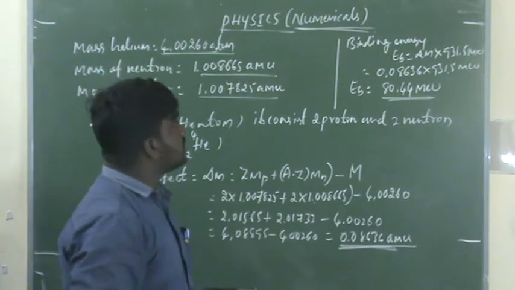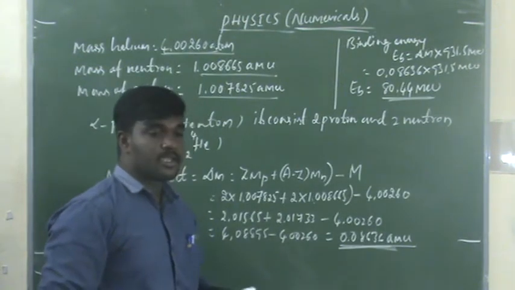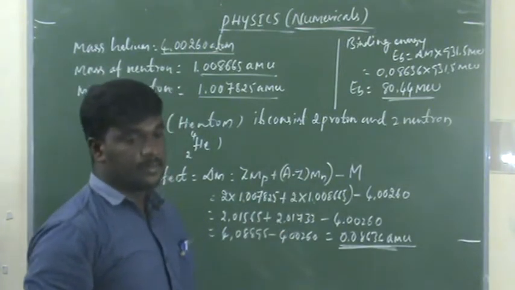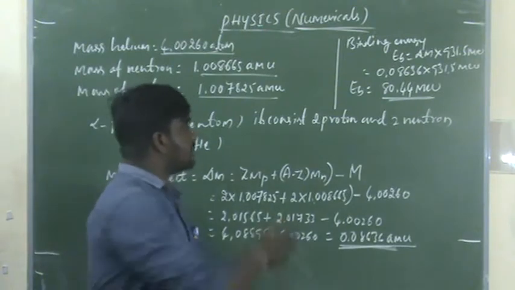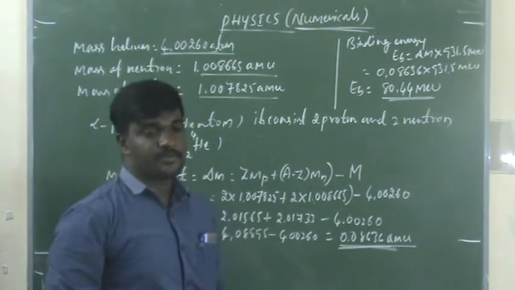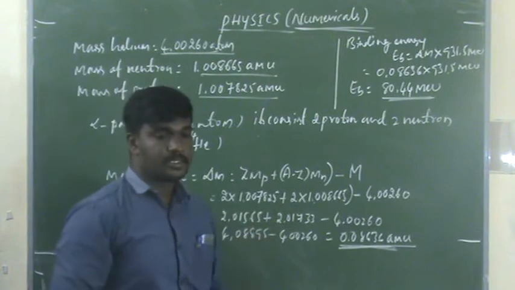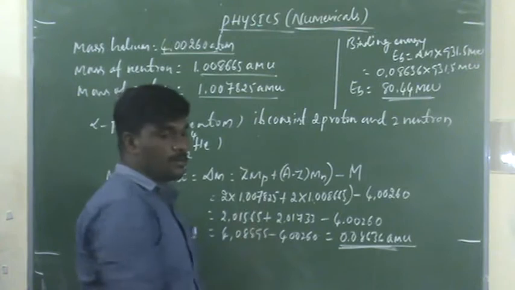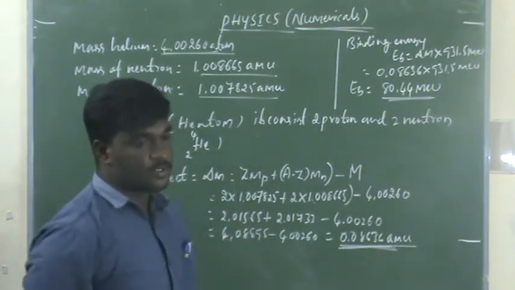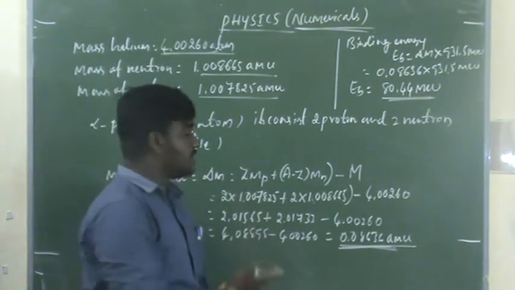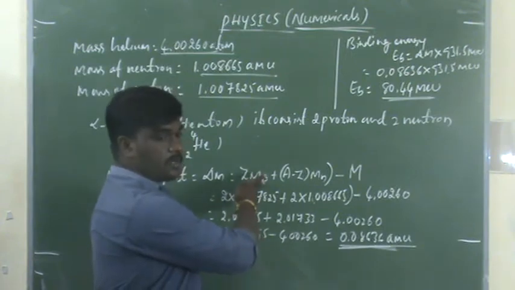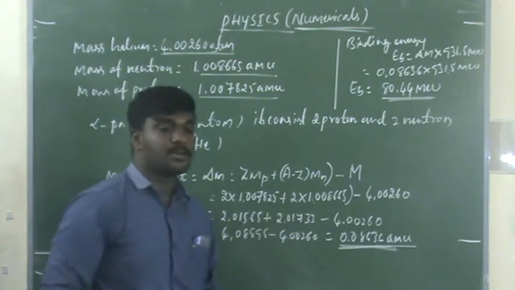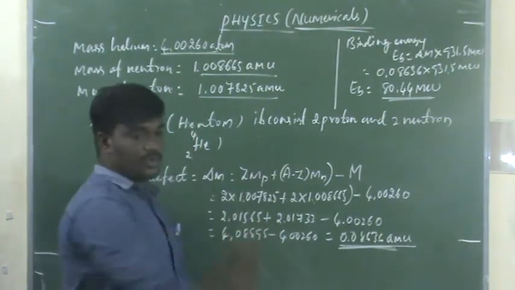So first we calculated the binding energy of the alpha particle. Here we assumed the alpha particle is helium-4, which consists of 2 protons and 2 neutrons. Next, using the given data, we calculated mass defect, using the formula ZMP plus A minus Z MN minus rest mass of nucleus.